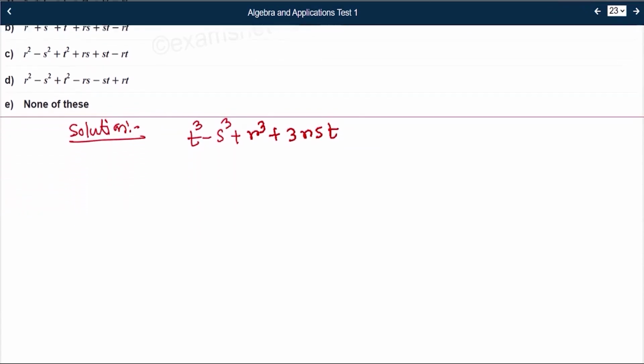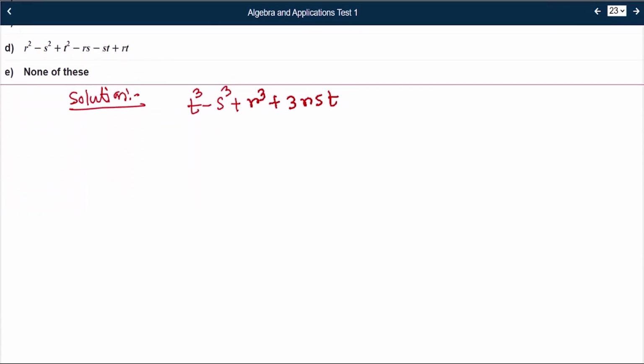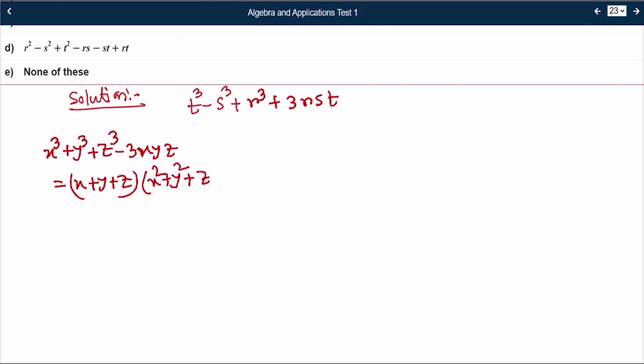Yes, do remember the formula of x cube plus y cube plus z cube minus 3xyz. What we can write from here is x plus y plus z multiplied by x square plus y square plus z square minus xy minus yz minus zx, right?